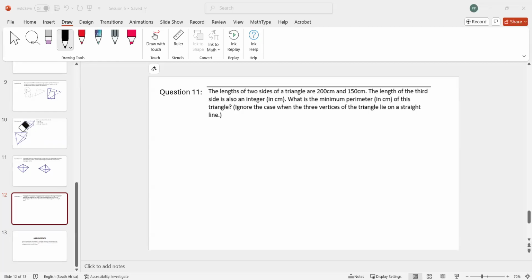So, yeah, you got 2 sides of a triangle are 200 and 150. So if you draw the triangle, and you got 200 and 150, you want the minimum perimeter. 2 sides are 200 and 150, and you want x.